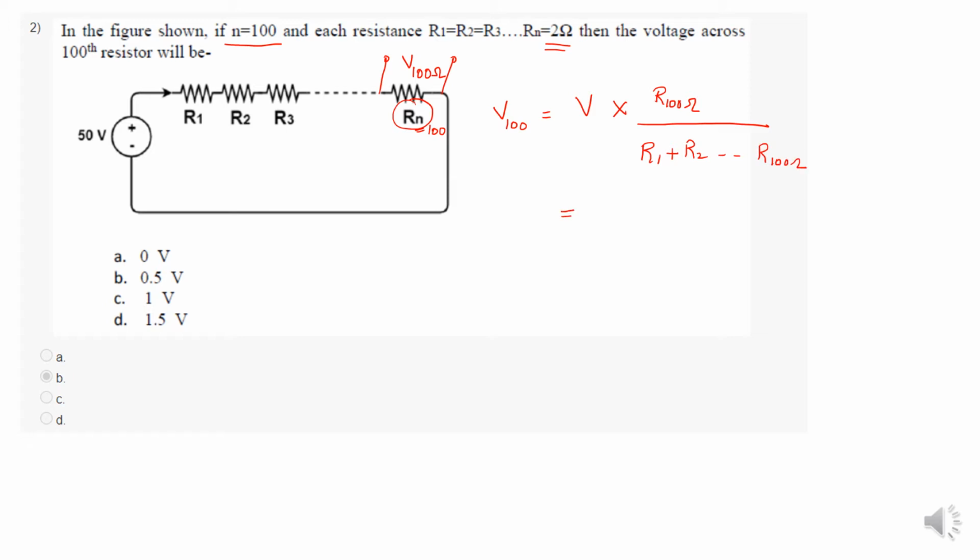The voltage given is 50, and each resistance is 2 ohm, with a total of 100 resistances. The 2 cancels, 50 over 100 is 1 by 2, so the answer is 0.5 volt. Option B is correct.